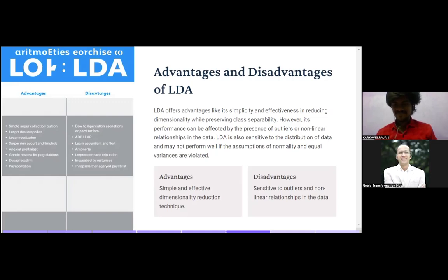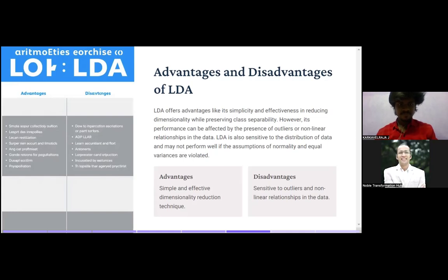LDA is also sensitive to the distribution of data, okay? It may not perform well if the assumption of normality and equal variance are violated. So these are the advantages. Then we have advantages: simple, effective dimension reduction technique. Disadvantage: sensitive to outliers, non-linear relationship in the data.